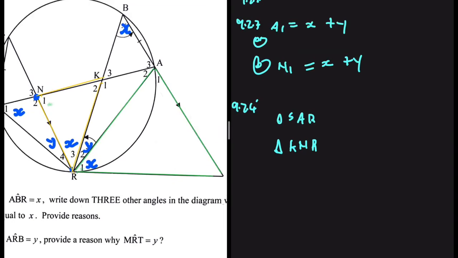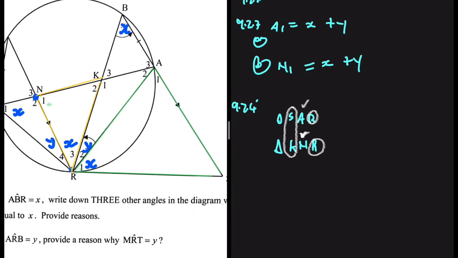These triangles are named such that S in triangle SAR should be equal to K in triangle KNR. And then A and N should be equal to each other. The same with R and R. That is a huge tip. If you're not aware of that, it is very difficult to answer these questions.